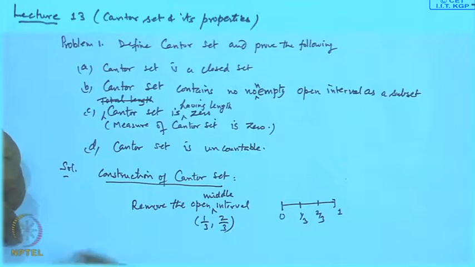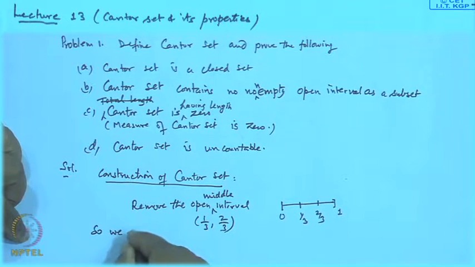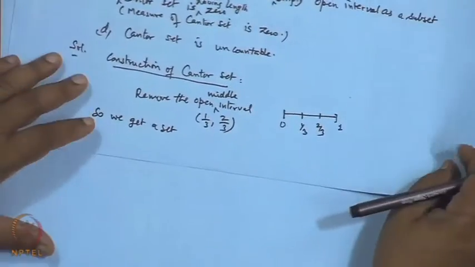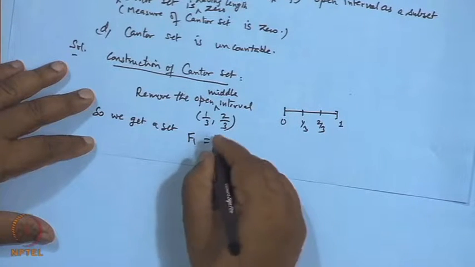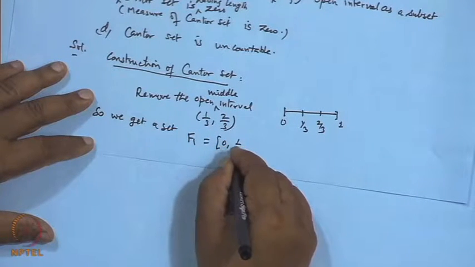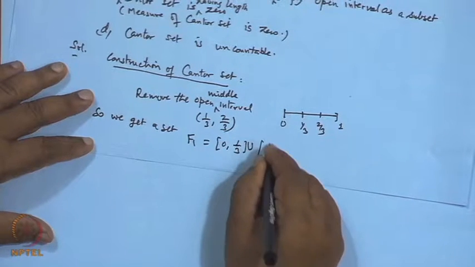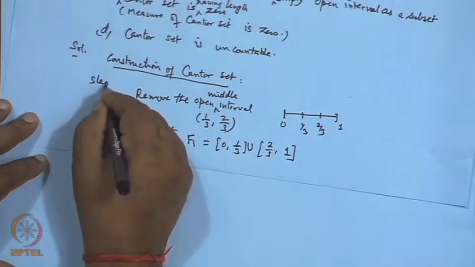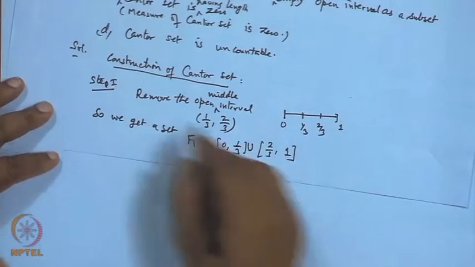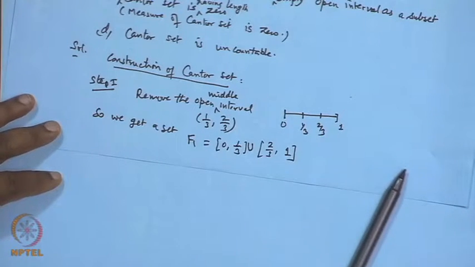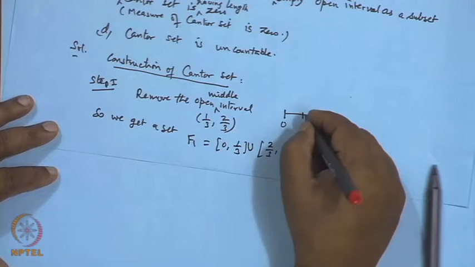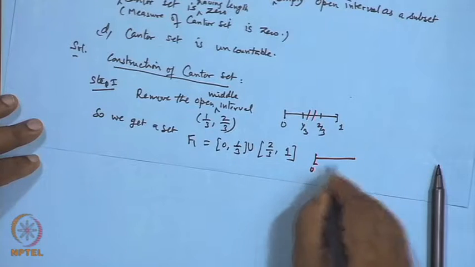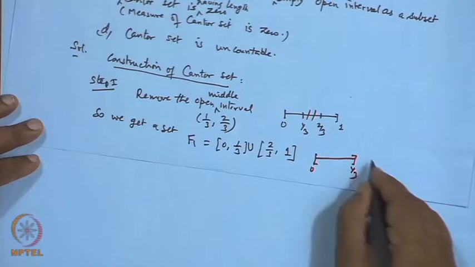The set we get, let it be denoted by F1, is the remaining set: the closed interval [0, 1/3] union [2/3, 1]. In the first step, we took the closed interval [0, 1] and dropped the middle portion.